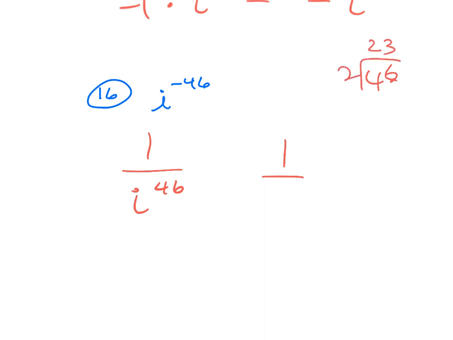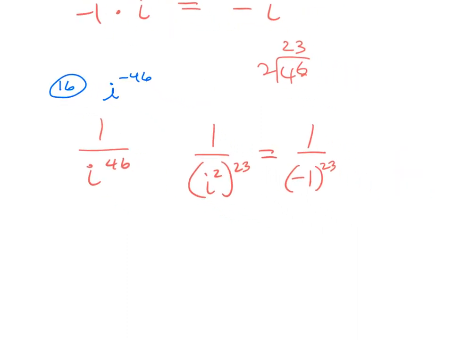So this would be i squared to the 23rd power. i squared is -1. 23 is an odd number, so I get -1. So my answer is 1 divided by -1, and it's -1. And I'm done.